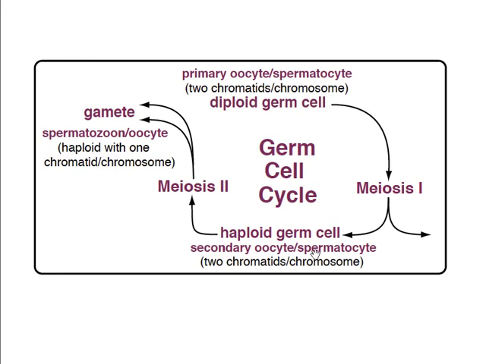Following meiosis 2, each secondary oocyte or spermatocyte produces two spermatozoa or ova, each one having just one chromatid per chromosome. So we start with one cell, we end up with two secondary oocytes, and each produces two gametes.